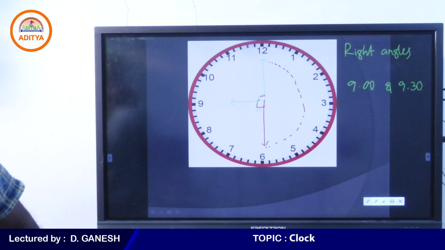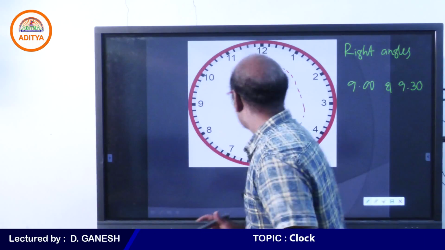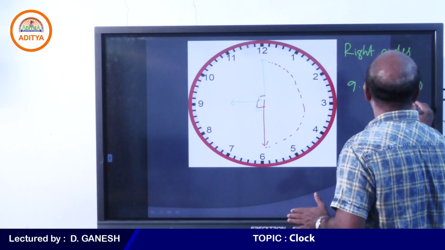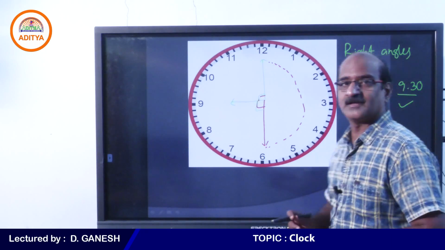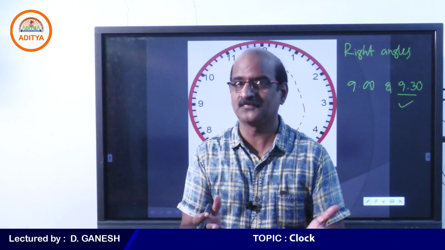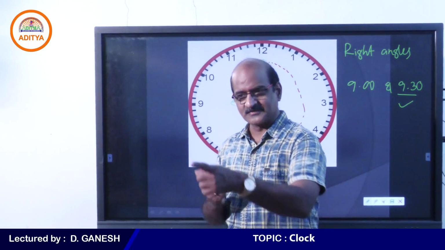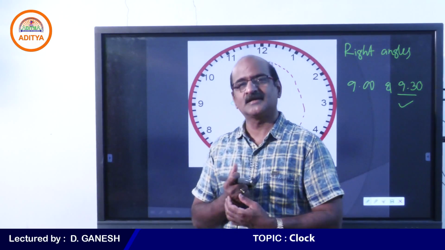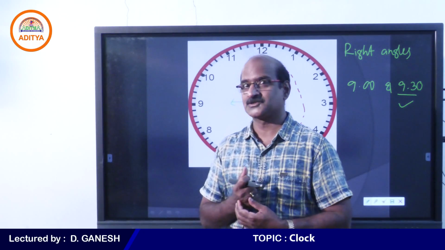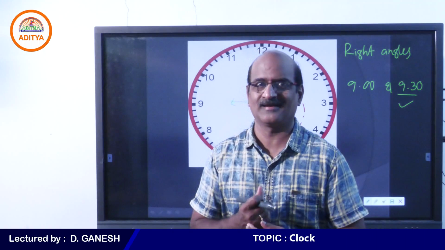Exactly, wonderful student, beautiful. I appreciate that. Not exactly at 9:30, very good. It is close to 9:30. Because when you raise the point, it is an indication that you are into the topic so well. At exactly 9:30, the hands won't be at right angles.